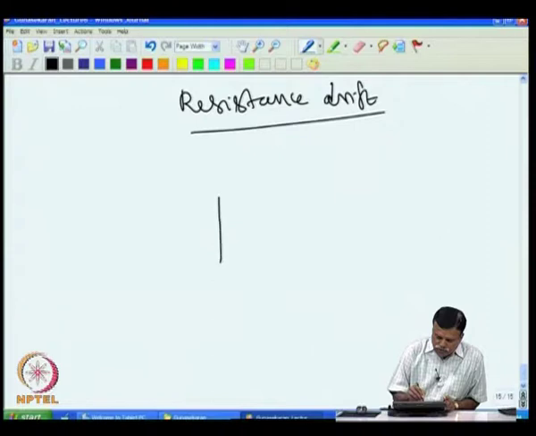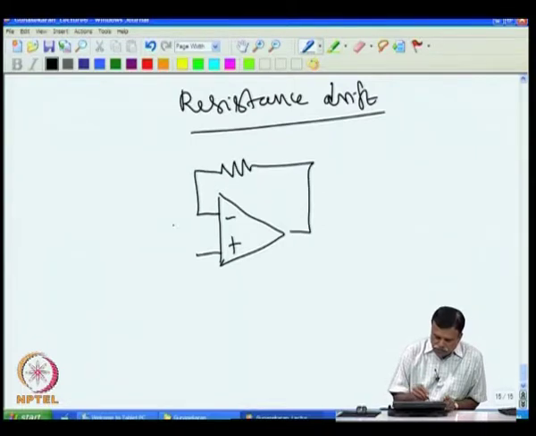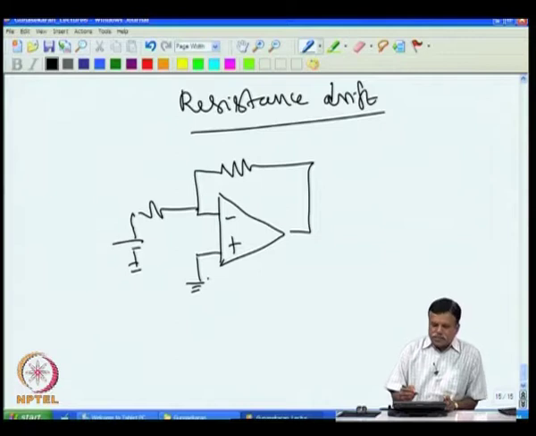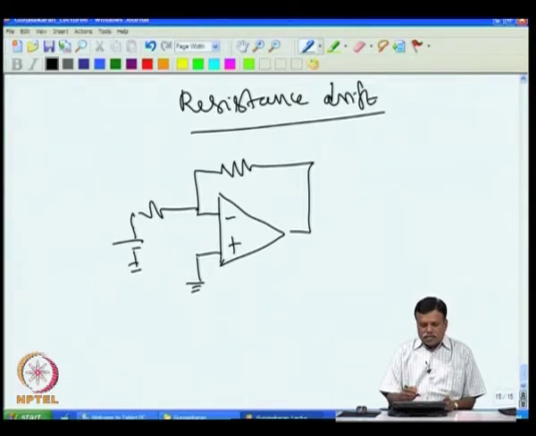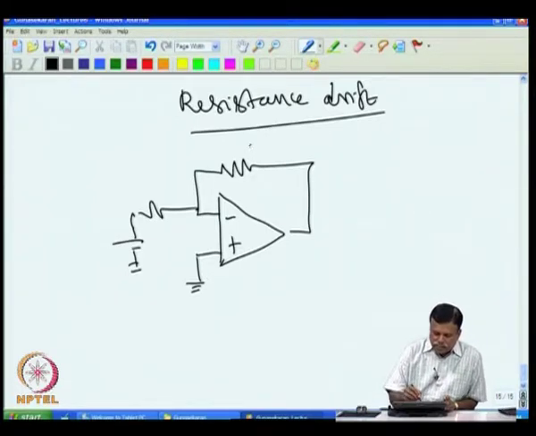Now, if you look at the circuit, for example, I take two resistances, I put them here, then I connect this, then I give the input here and connect this to ground. This is just an inverting amplifier, and then we have the gain RF over R1.